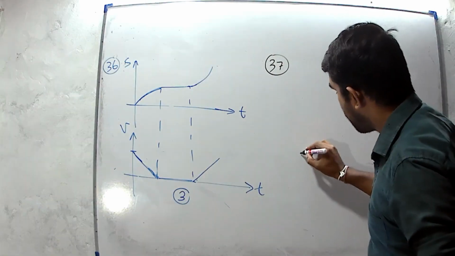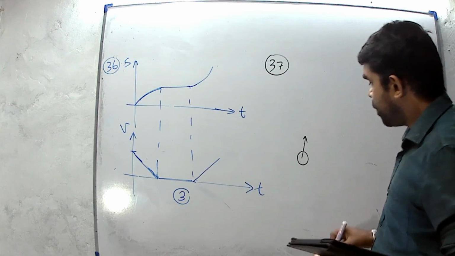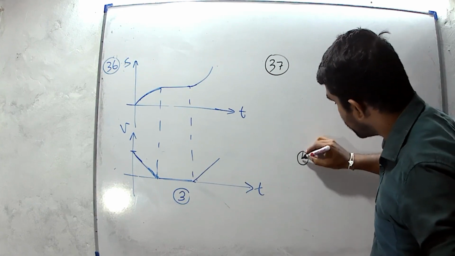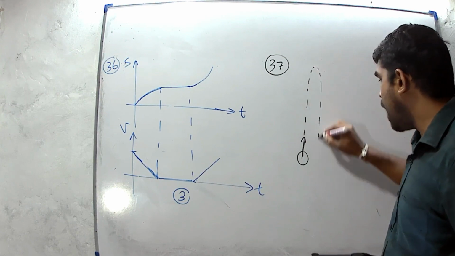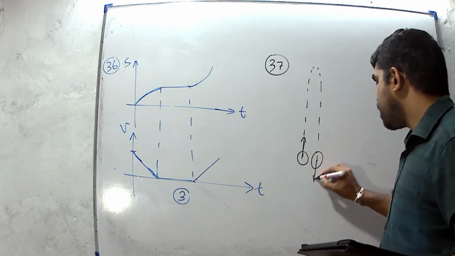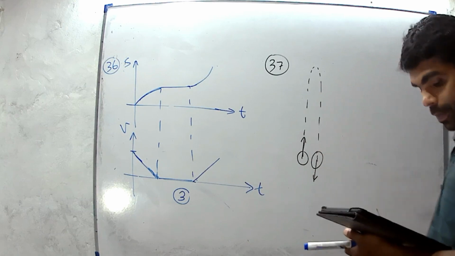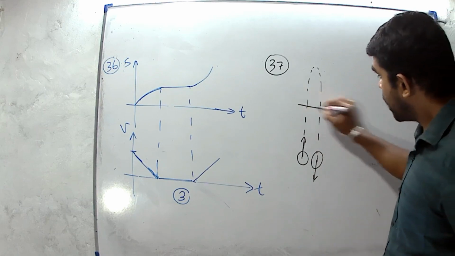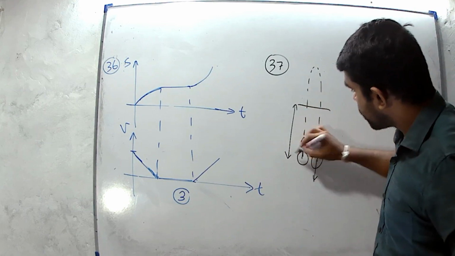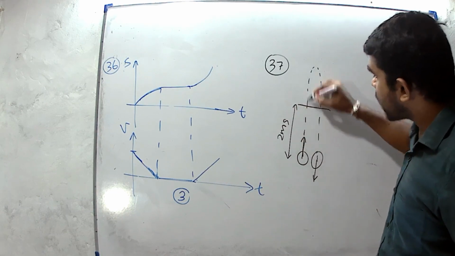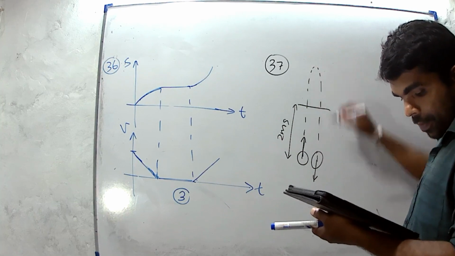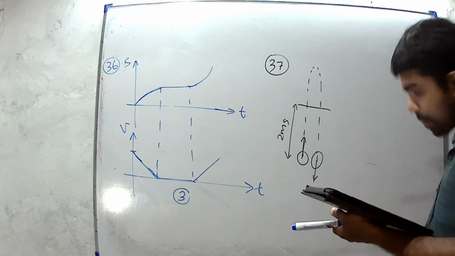Considering the motion of an object projected in the upward direction, the time interval at a height of 25 meters is 4 seconds.